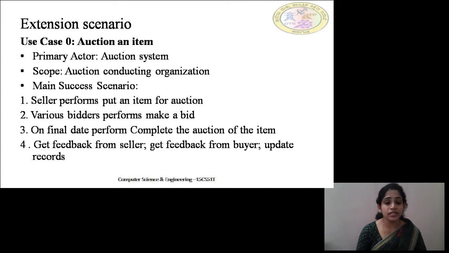Lastly, get feedback from seller and also get feedback from buyer and update the same in the records. If everything goes successfully, we have to get the feedback from the seller, get the feedback from the buyer and update the records. This is the possible extension scenario of the university auction system.